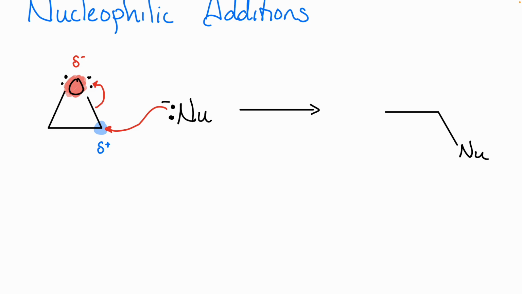All right, but that epoxide oxygen doesn't just go flying off into space. It's still attached to my other carbon atom, and that will become an alcohol group, a hydroxyl group. All right, so to just keep my carbon coloring consistent here, my nucleophile is added to that blue carbon.